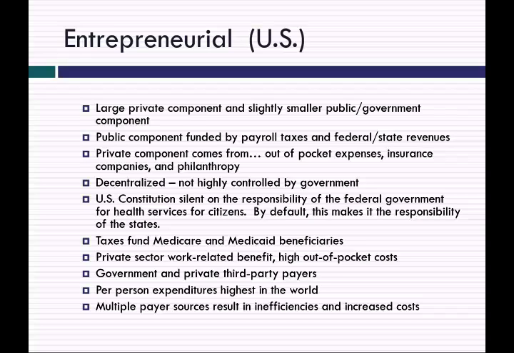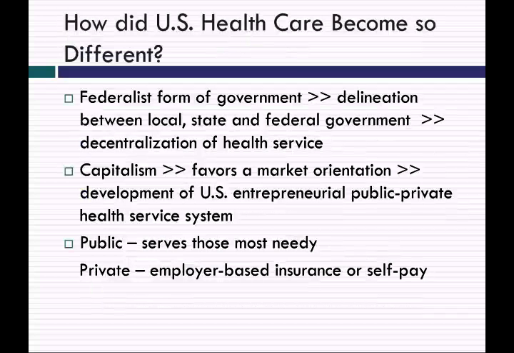Again, there's no federal government body responsible for health service planning for all U.S. citizens. Health and Human Services is responsible only for financing and managing the government-initiated social and health benefit programs. But we have this large private component that is really not overseen by any one body.